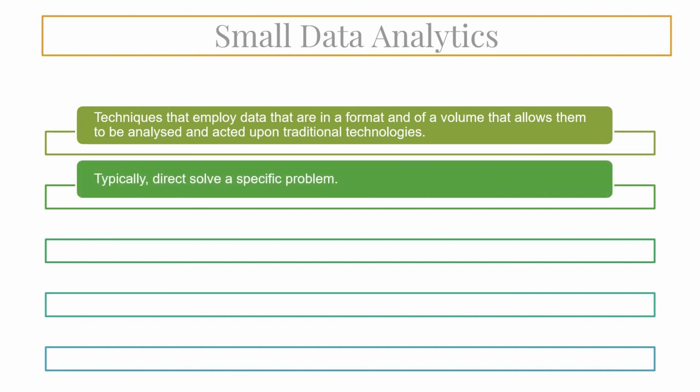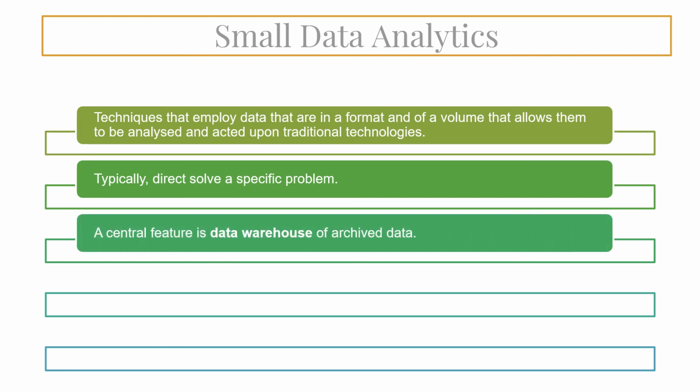Typically, it directly solves specific problems. So this data is typically related to a specific problem or issue. The central feature is a data warehouse of archived data, meaning that it is historical data archived in the data warehouse of the organization.